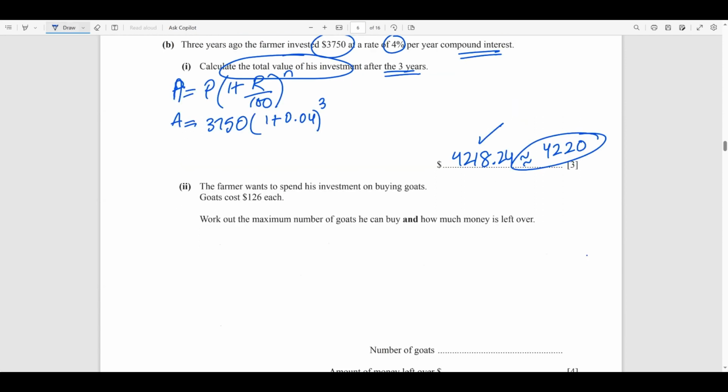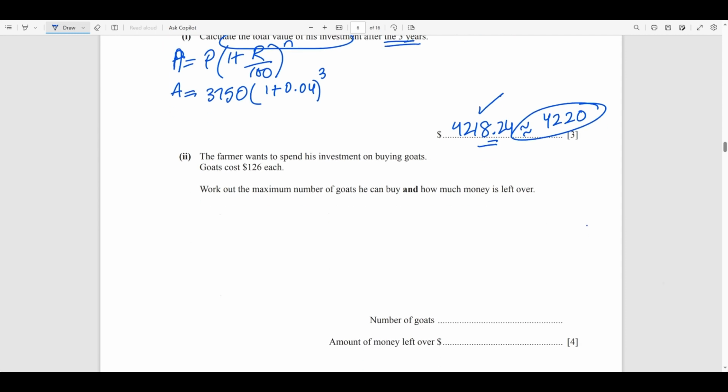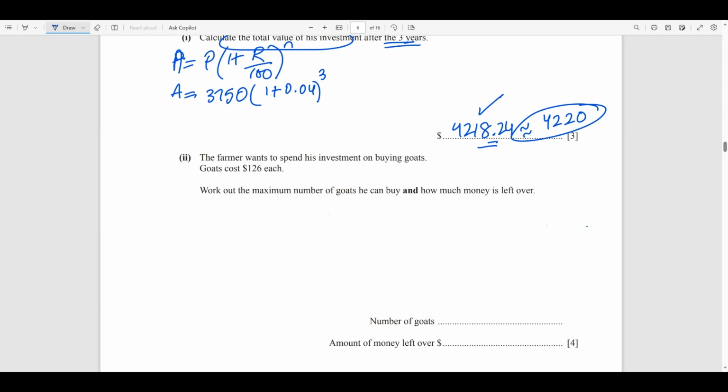Part 2 says the farmer wants to spend his investment on buying goats. Goats cost $126 each. So it basically talks about this investment. You can do it orally, that you divide by 126. But for all those students who struggle in deciding when to multiply the two numbers and when to divide, I'm going to give you a quick short way.